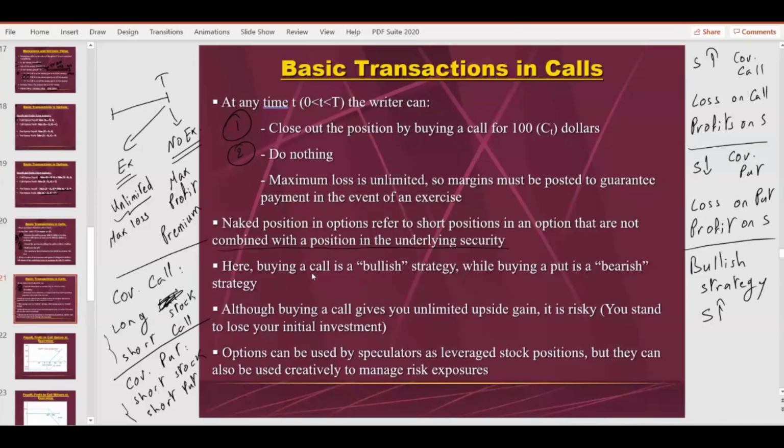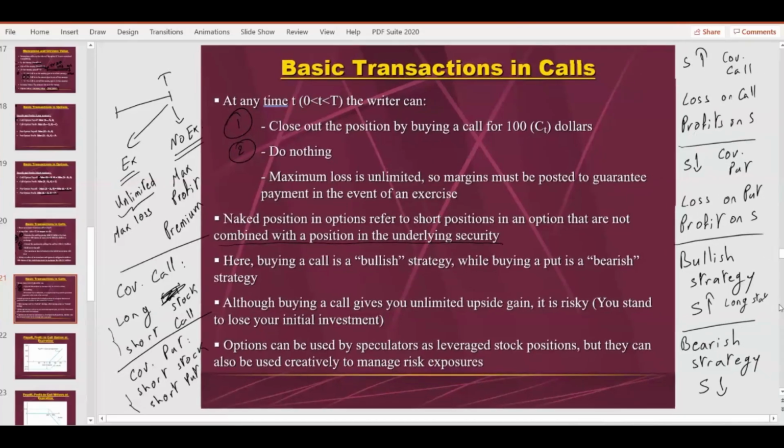Now, a bearish strategy is any strategy where the investor will benefit if the price of the underlying decreases. An example of a bullish strategy is a long position in the stock.